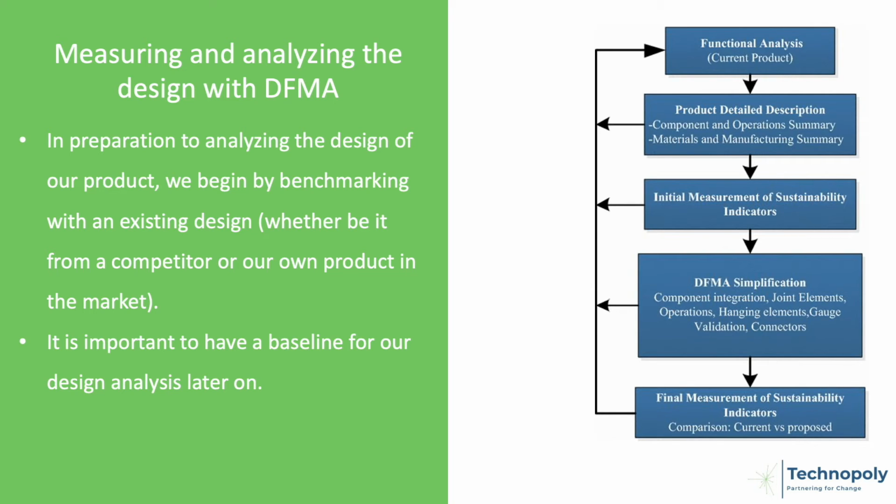Third, we need to identify measures or indicators, which we'll discuss in a little while. Fourth, we can now apply DFMA principles of simplification so that we can understand how we might make our products better. And then finally, conduct a measurement of the proposed design and compare it to your existing or current product.